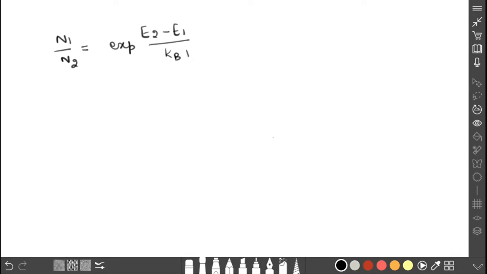So this is the value of N1 by N2, the ratio of the population. So this I am considering equation number 5. So now I have to substitute equation 5 in equation 4.